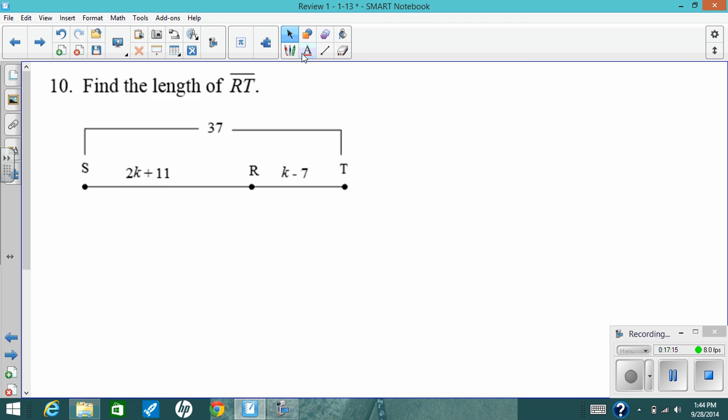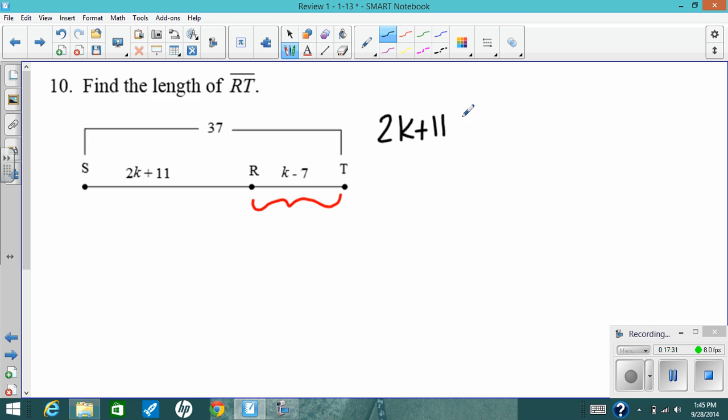Here we want to know the length of RT. And we know the entire segment ST is 37, SR is 2K plus 11. From segment addition, we can write that 2K plus 11 plus K minus 7 is equal to the whole thing, 37.